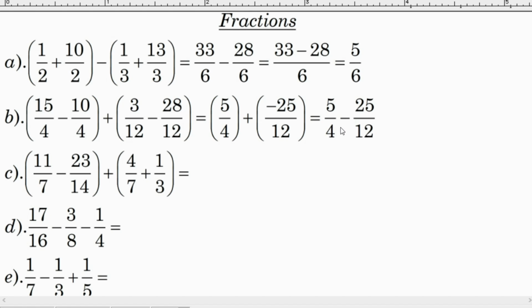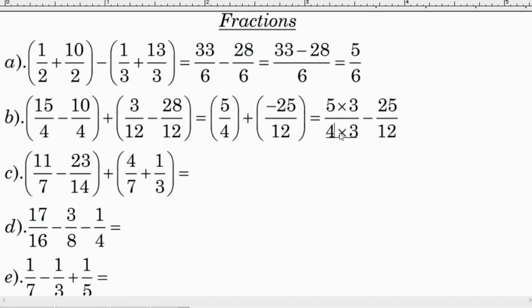Okay, so we have to calculate this again, which is that we have to find the same denominator. So 4 multiplied by 3 equals 12. So then we just multiply with 3, and here also multiply with 3.